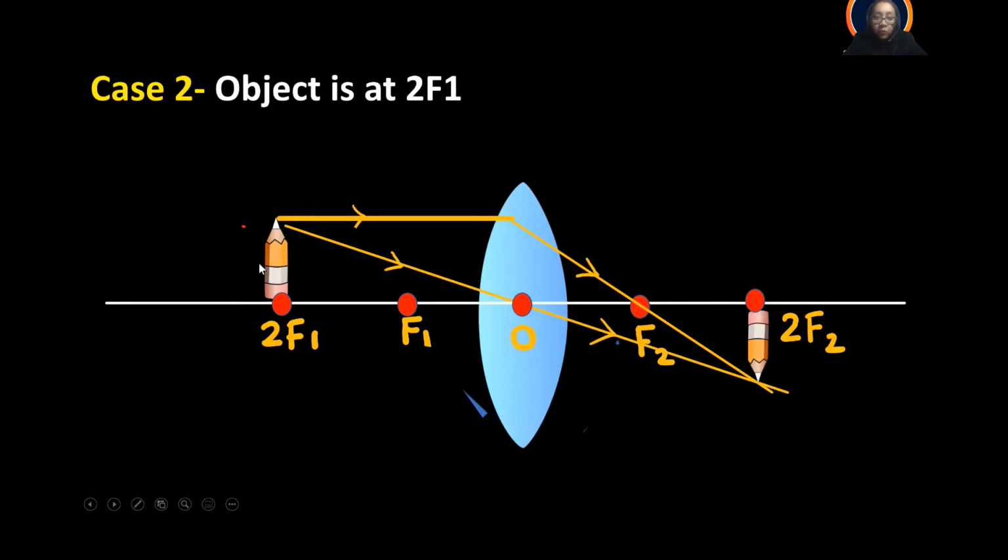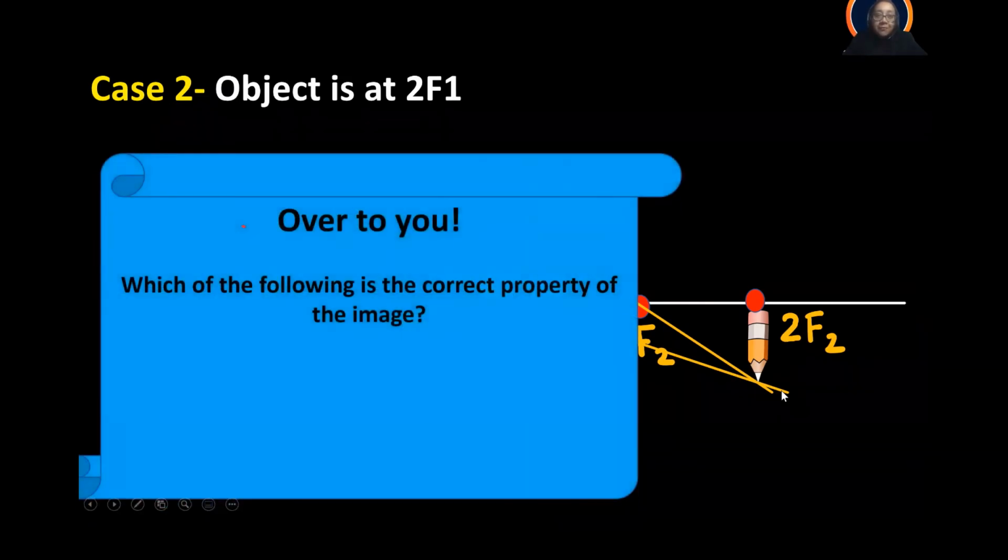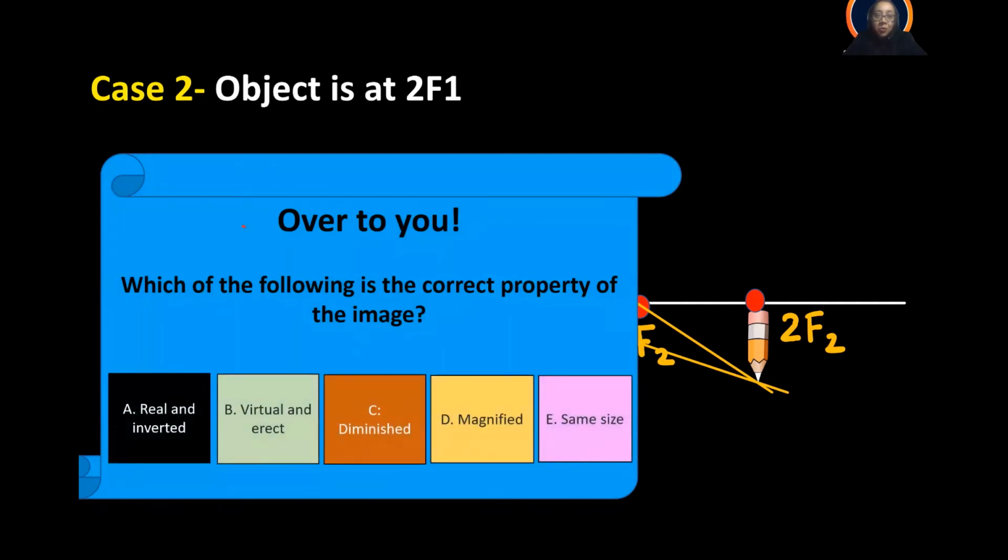You can notice that whenever the object is at 2F1, we get the image at 2F2. Now, students, guess. Which of the following is the correct property of the image? You can choose more than one option. Write down the answer in the chat. When the object is placed at 2F1, what is the correct property of the image formed?